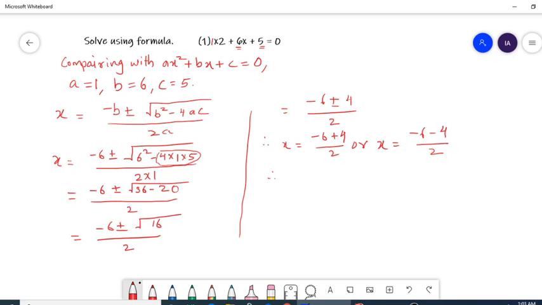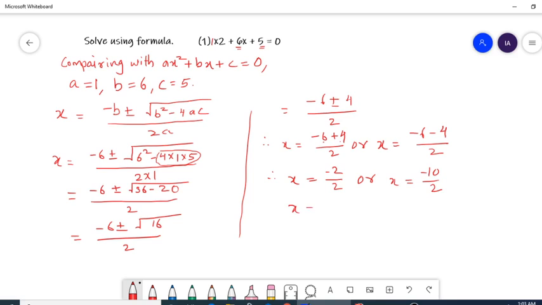So therefore x will become minus 6 plus 4 gives me minus 2 upon 2, or the other value of x will become minus 6 minus 4, that is minus 10 by 2.